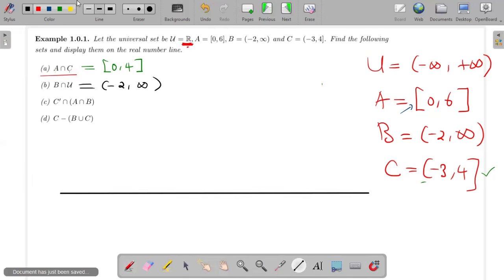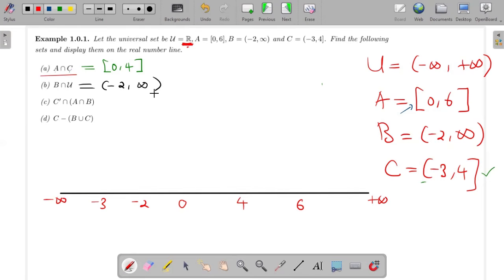Looking at the values, C starts at minus 3 and goes to 4, A is 0 to 6, and B is minus 2 to infinity. So my minus 3 should be somewhere there, then minus 2, 0, 4, then 6, then positive infinity, and minus infinity here. That's all, because you're dealing with intervals.